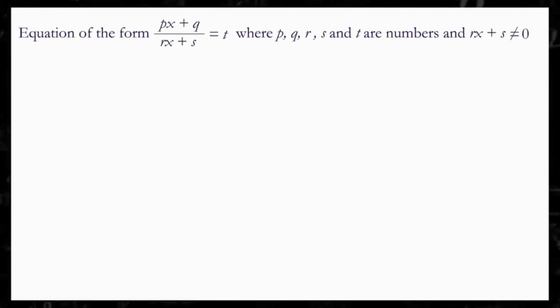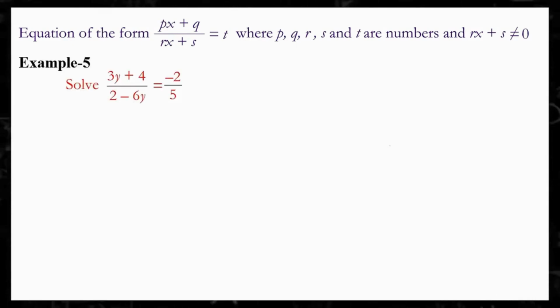Equation of the form px plus q upon rx plus s is equal to t, where p, q, r, s and t are numbers and rx plus s is not equal to 0. Example 5. Solve 3y plus 4 upon 2 minus 6y is equal to minus 2 upon 5.